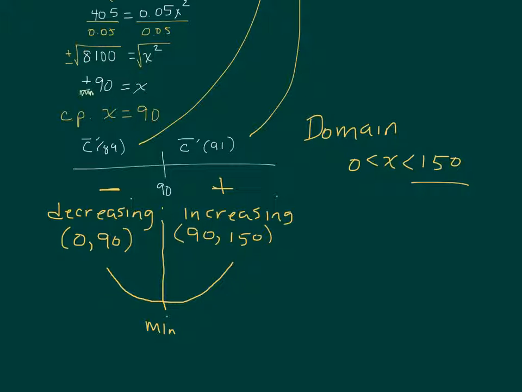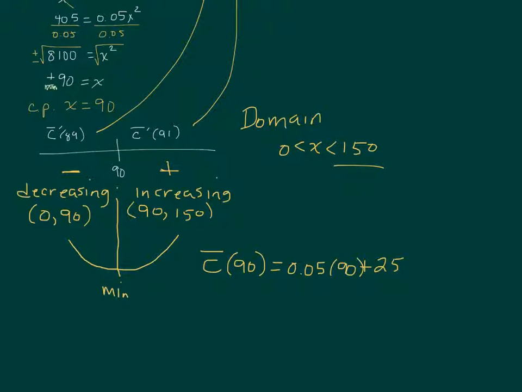So I go back to my average function, 0.05 times 90 plus 25 plus 405 over 90.